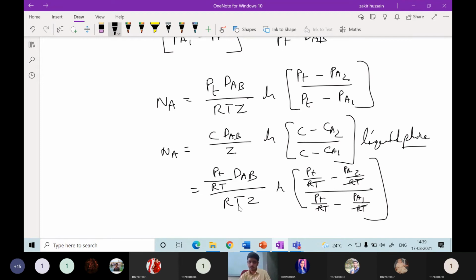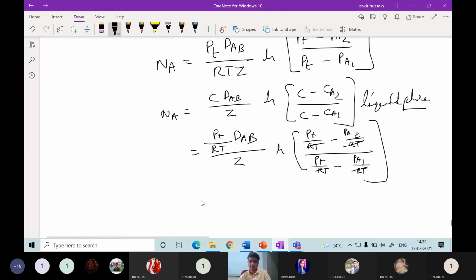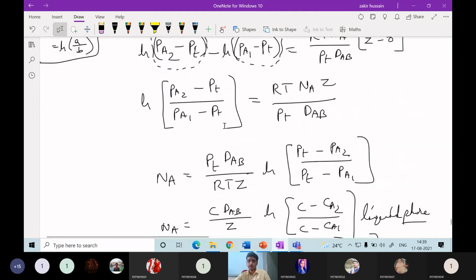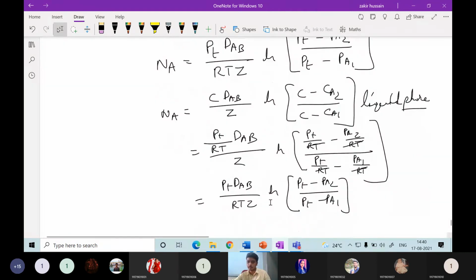Here also, only Z is there. Therefore, we can write this as DAB PT by RTZ, and in the ln what is left is PT minus PA2 divided by PT minus PA1. Okay, see the same formula. This is also the same formula and this is also the same formula.